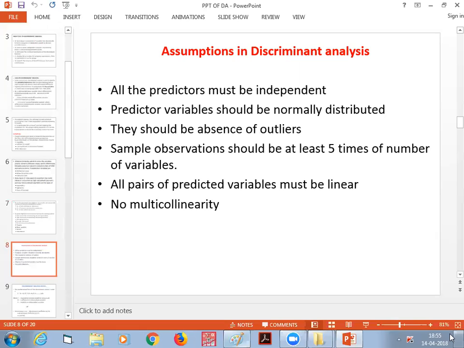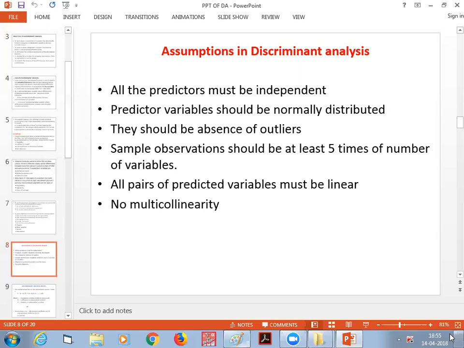Suppose all these variables are highly correlated, then how can you differentiate the variables? We expect no multicollinearity. If the time spent on the weekend and weekdays are both highly correlated, then there is no need of keeping these two as separate variables.